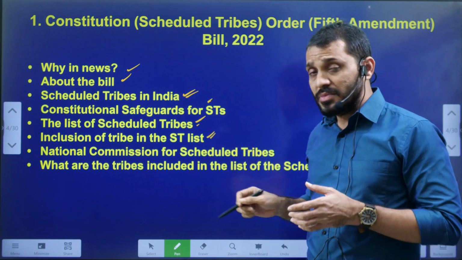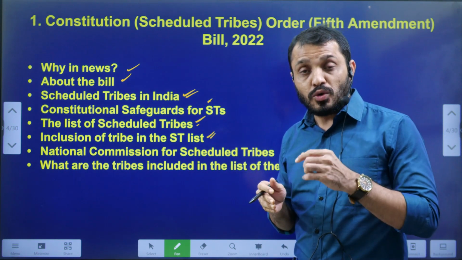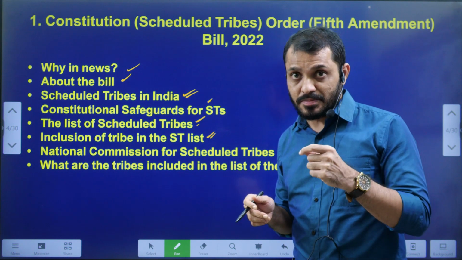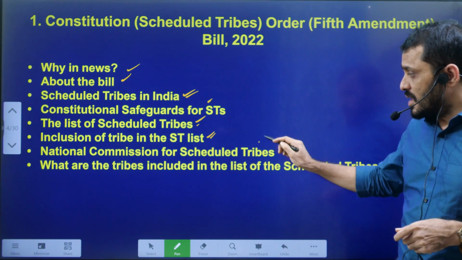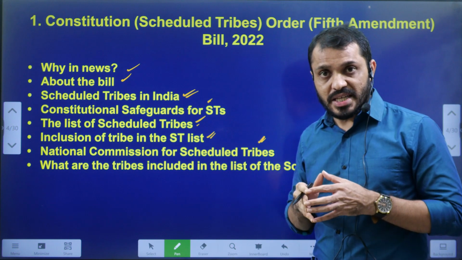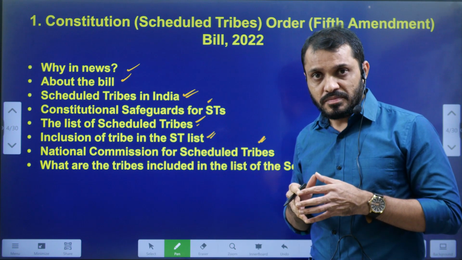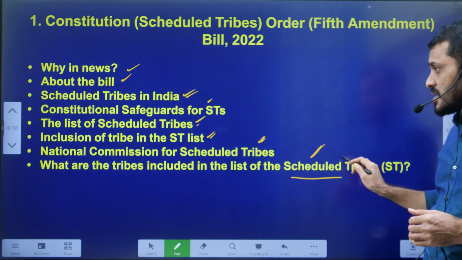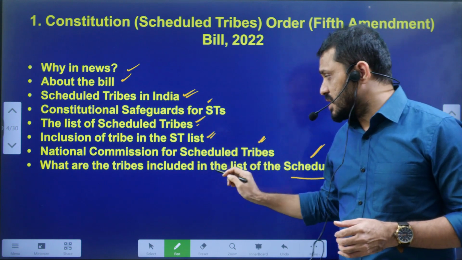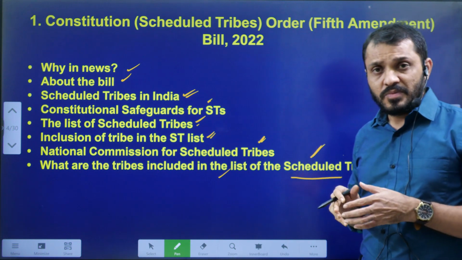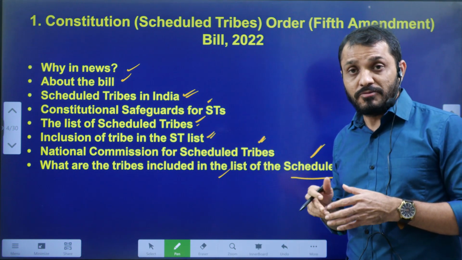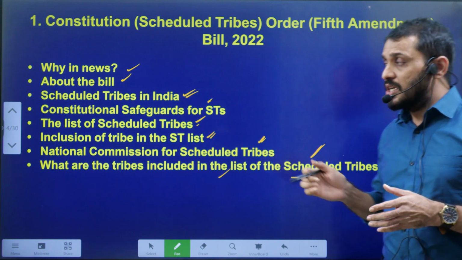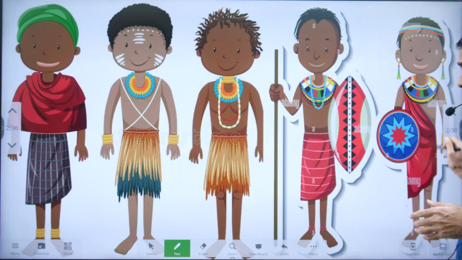Then we will discuss the procedure for including a particular community in the ST list. Then the National Commission for ST, its composition and members' tenure. And finally, what are the tribes included in the ST, which communities are included in the ST list. So these are the things we are going to discuss.